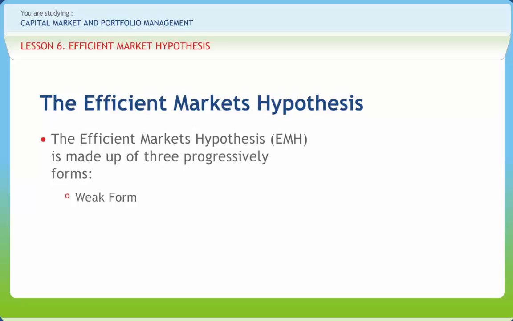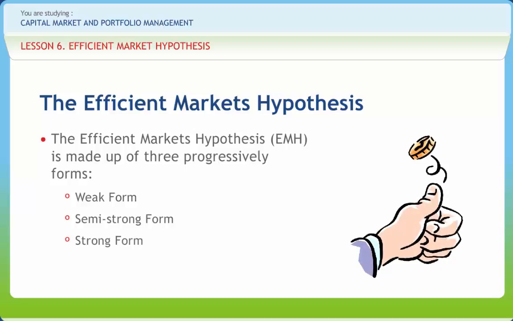Second is semi-strong form efficiency, in which share prices adjust within an arbitrarily small but finite amount of time and in an unbiased fashion to publicly available new information, so that no excess returns can be earned by trading on that information. Third is strong form efficiency, in which share prices reflect all information and no one can earn excess returns.